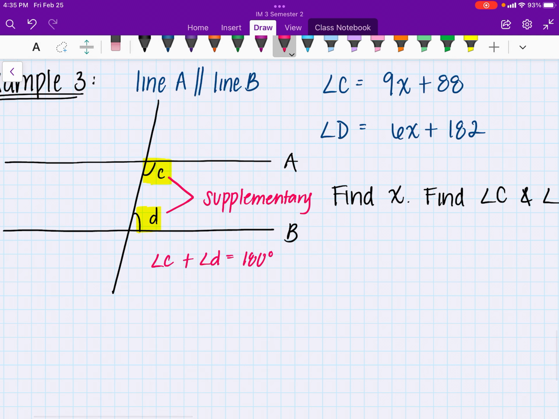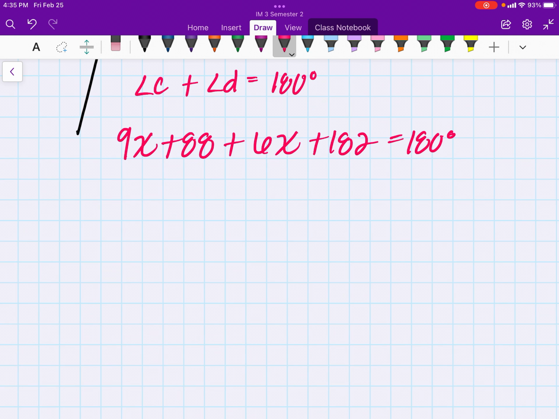So we have to add both of our angles. So I have 9x plus 88 plus 6x plus 182 equals 180 degrees.